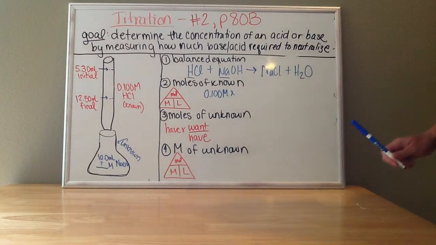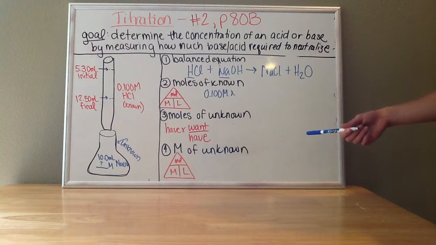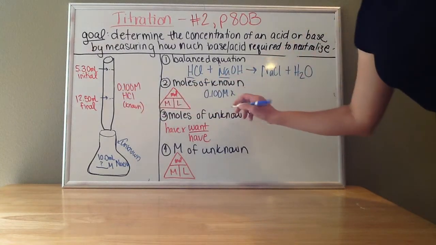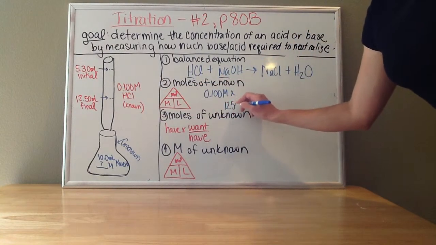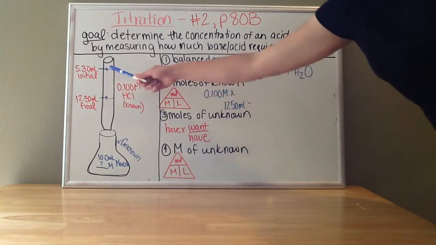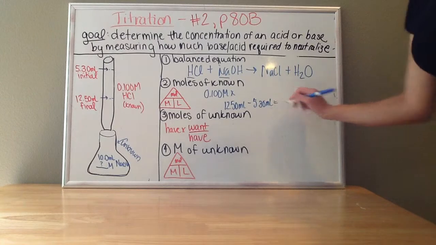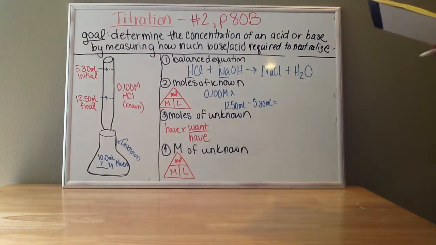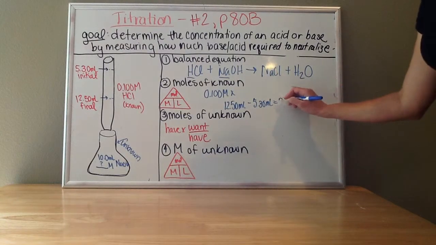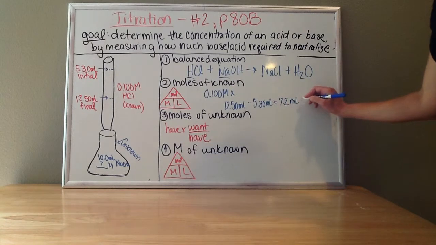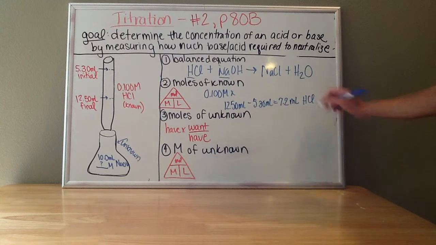The volume of the acid that I added, you have to figure that out by doing a little bit of subtraction. So my final volume was 12.5 mL. My initial reading on the burette was 5.3 mL. So what that means is during the neutralization, I added 7.2 mL of HCl.